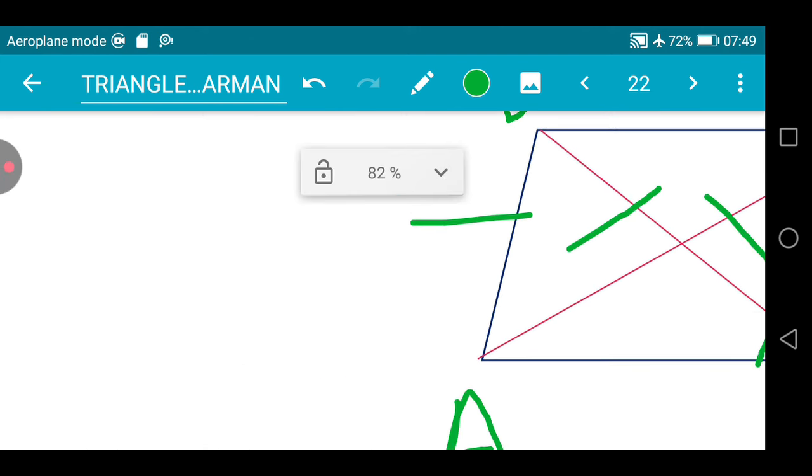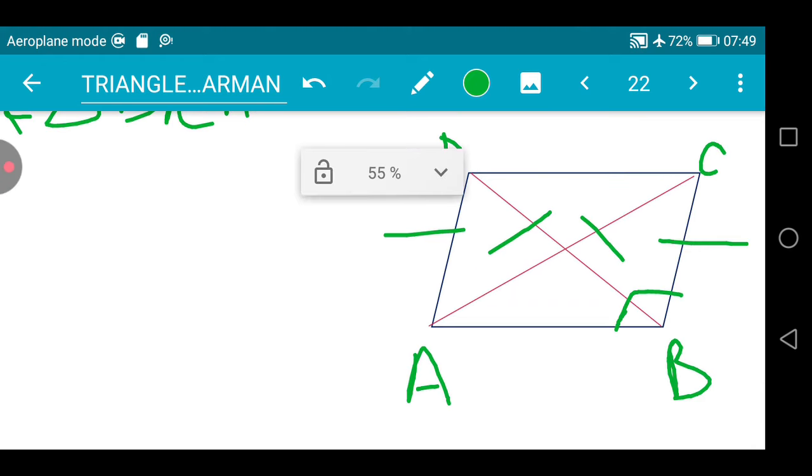If we prove angle BAD is equal to angle ABC, then angle BAD plus angle ABC will be 180 degrees. Why? Co-interior angles. So two angle ABC will be equal to 180 degrees.